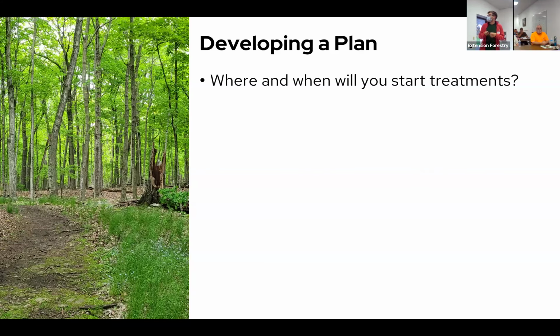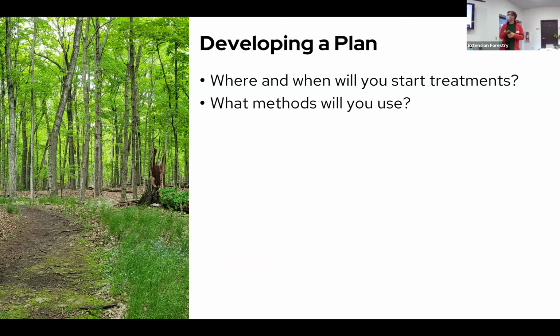I want to review some questions since we're on the topic of thinking more about planning and developing a plan. Some important questions that I would think about if we are trying to tackle invasive species on the property are: where and when are we going to start treatments, and what methods are we going to use? Are we going to use herbicide? Are we going to use mowing? Are we going to use a combination?